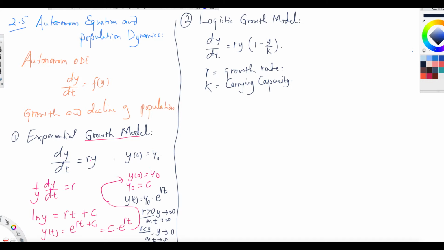So it can be enough only for a certain number of people or certain population. So what I mean here is, the population cannot grow infinitely, okay? There are several things that stop or slow down the population growth, okay? So this exponential growth model says that the population grows infinitely, which is not practical.